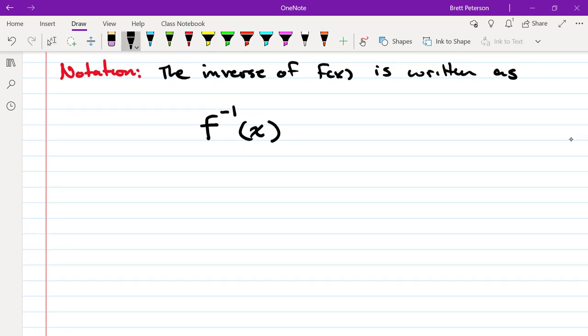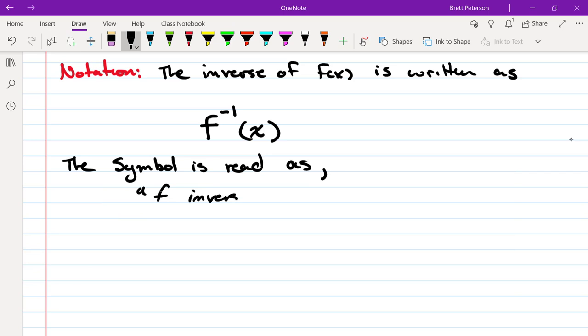The symbol is read as f inverse of x. So this, what looks like an exponent, isn't, it is the inverse, and then the parenthesis x is just like we had with a regular function of x.